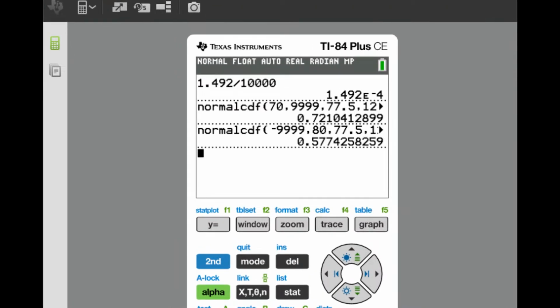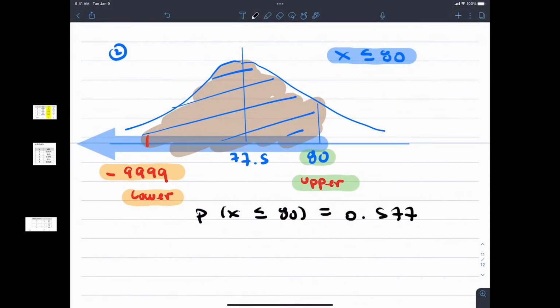Okay, so what is this decimal answer? So I'm going to write it as a probability because you guys already know. 0.577. So here's what this is, a probability answer. Probability that x is less than or equal to 80.